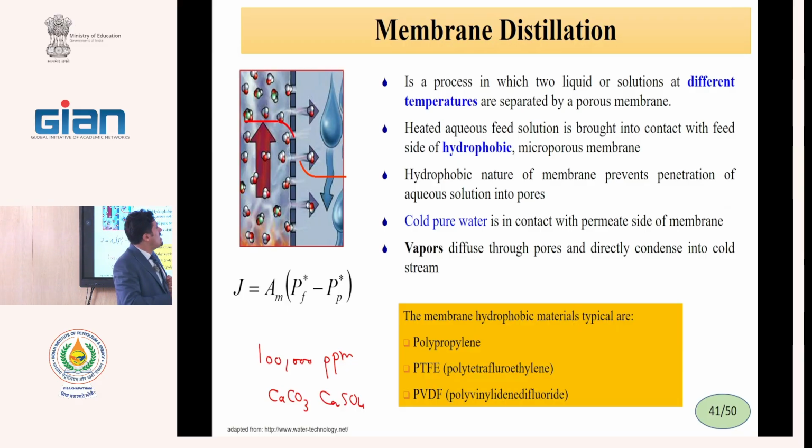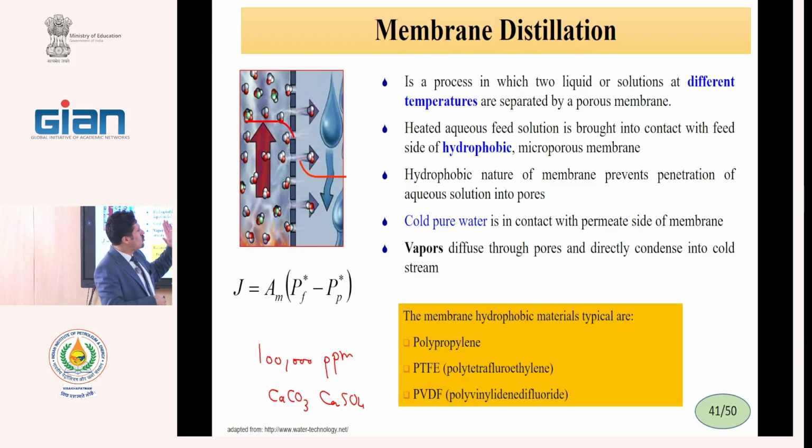Therefore, the membranes should be super hydrophobic. The contact angle should be higher than 120 degrees, because when the water enters the pores, they will be blocked and the membrane does not work. The pores should be free, open for passing of the vapor.